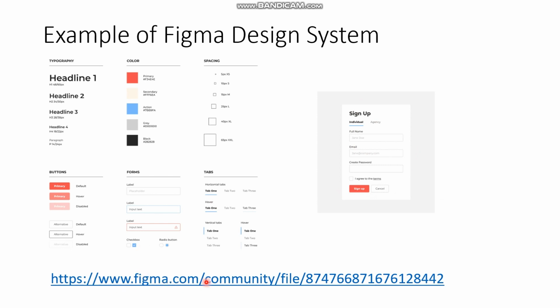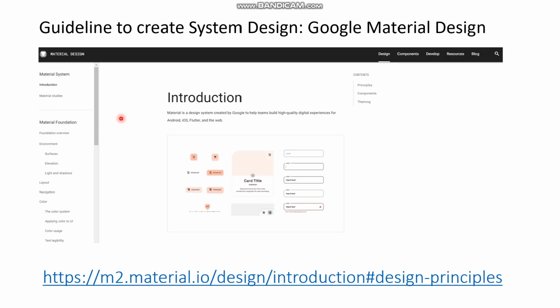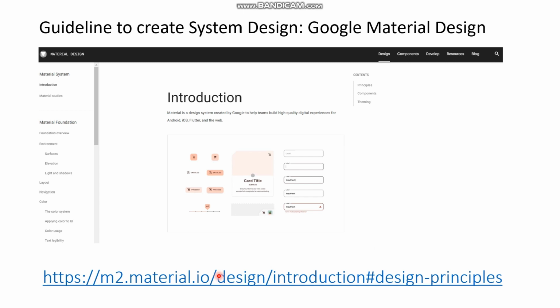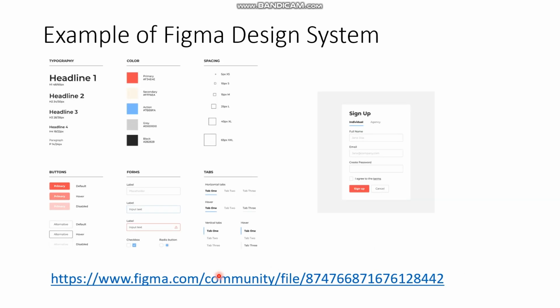You can also have a look at this link. And we normally refer to one guideline to create a design system, which is Google Material Design. It's really helpful. You should really see it. From here, the link.